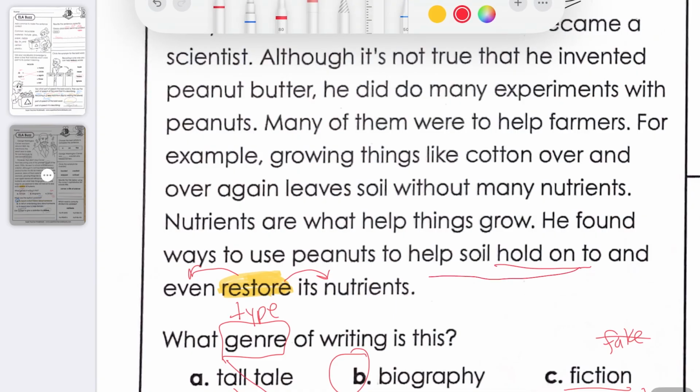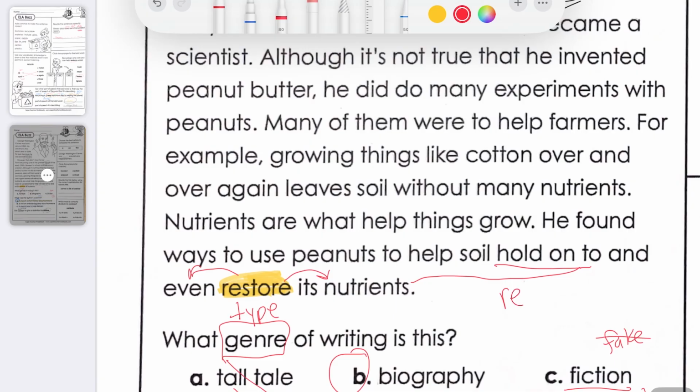Hold on to nutrients and even restore its nutrients. So peanuts don't get rid of the nutrients in the soil. It looks like it says hold on to and even restore. So they don't just help hold on to the nutrients, they restore. It's almost like restore, store again.